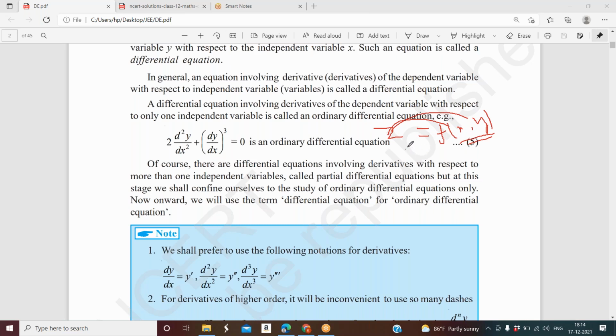So dou z by dou x, z is depending on x as well as we can differentiate z with respect to y also. So this kind of equation is called a partial differential equation. But we are going to study only ordinary differential equations here.